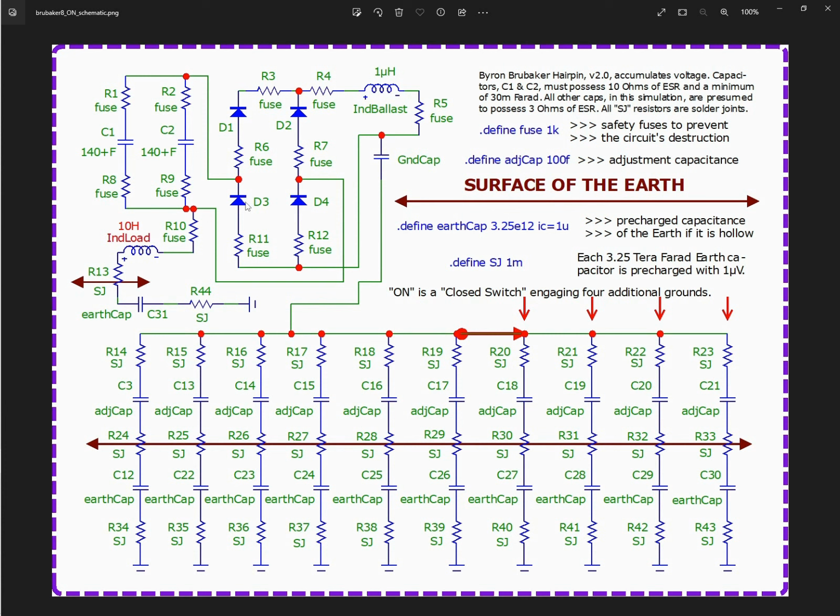They'll be kind of comatose. And then when the AC goes in reverse, it's going to be coming in on the right-hand side, which means now D4 is comatose, and the current's going to flow up D2. Meanwhile, it's pulling out on the left-hand side, which means D1 is going to go comatose, and the current is going to be drawn up through D3. So I thought to myself, okay, I should pair off D1 with D4 and D2 with D3.